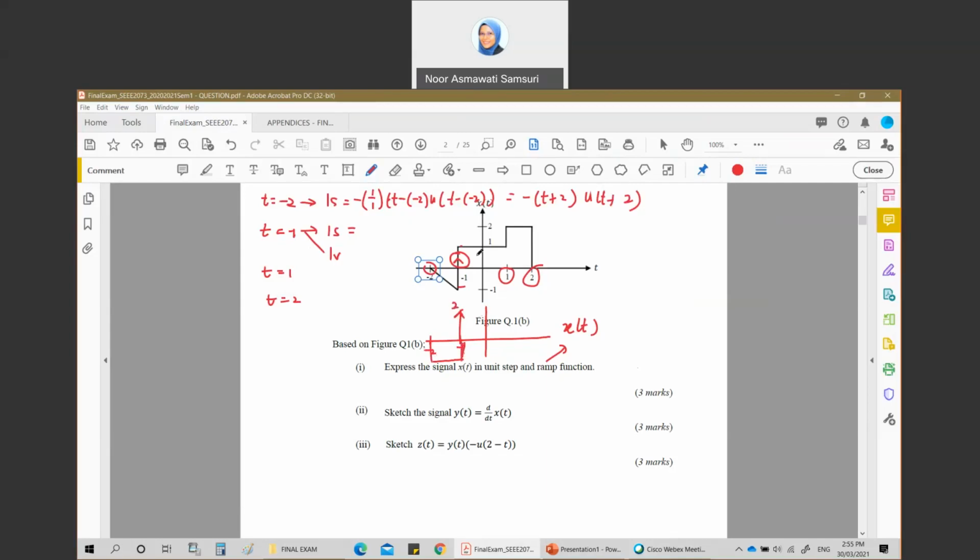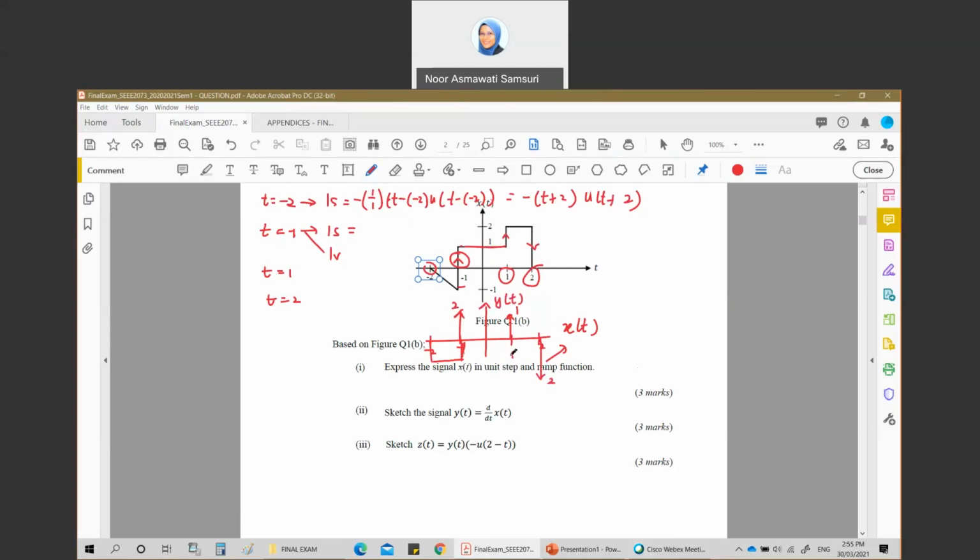And then it's just constant, so it'll be 0 along the way until t equal to 1. At 1, you have one vertical line, the magnitude is 1, so it's going up by 1. And lastly, you have a vertical line pointing down by 2, so at 2, it's going down by 2. So this is your y(t).